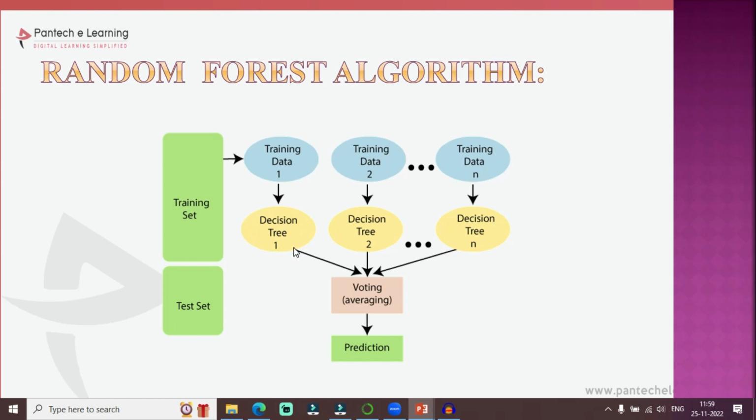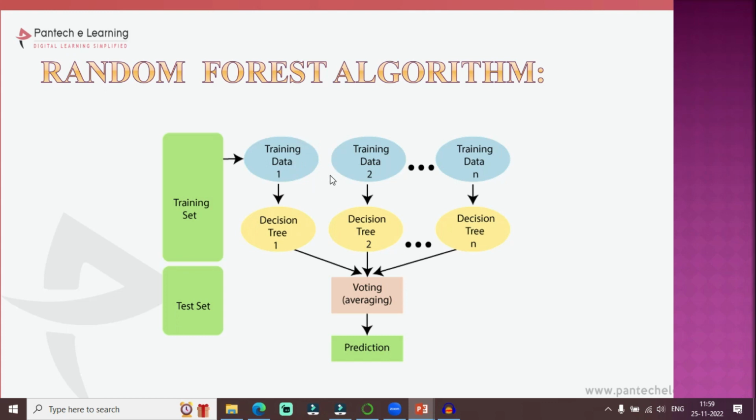Instead of a single decision tree, I am going to combine the results of several decision trees. That is the main working principle of this random forest algorithm. This is my decision tree 1, decision tree 2, up to decision tree n.